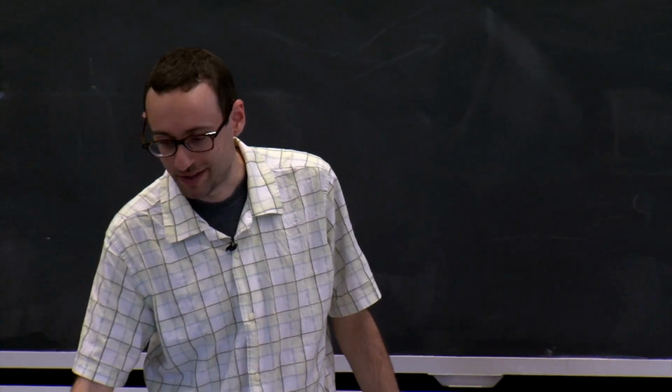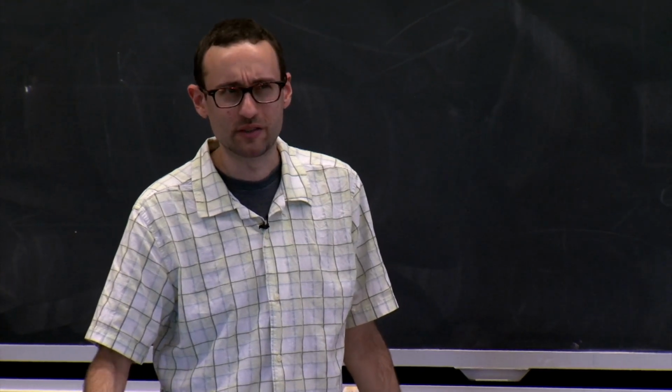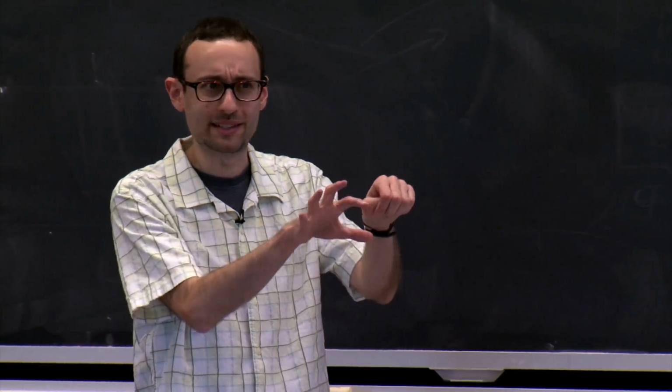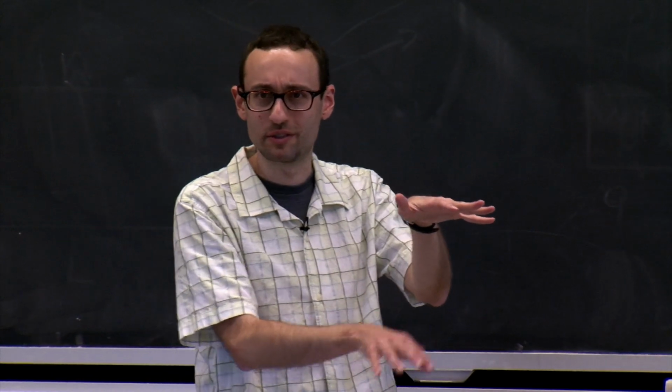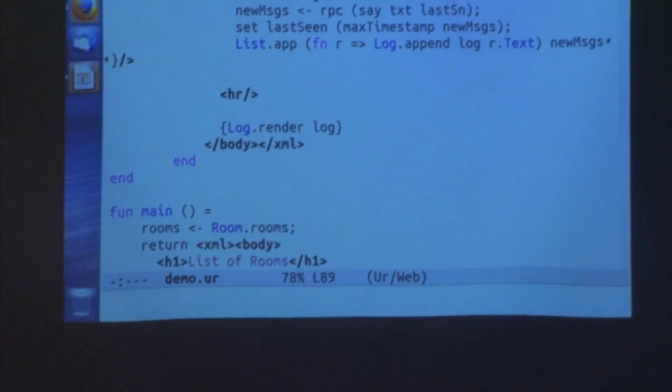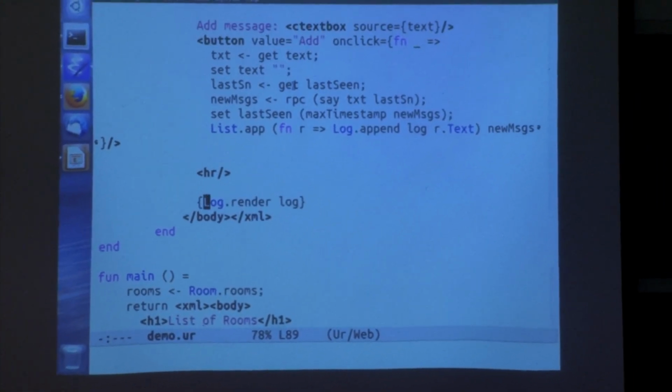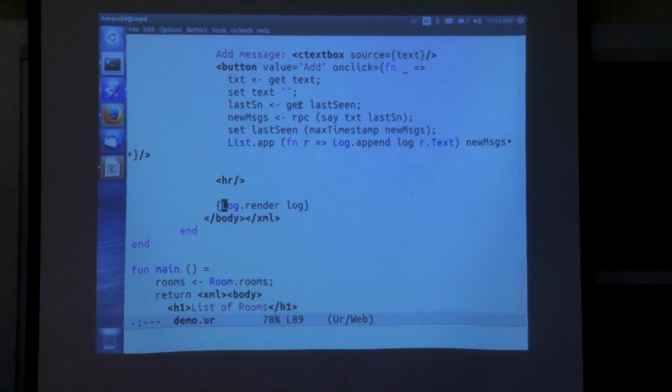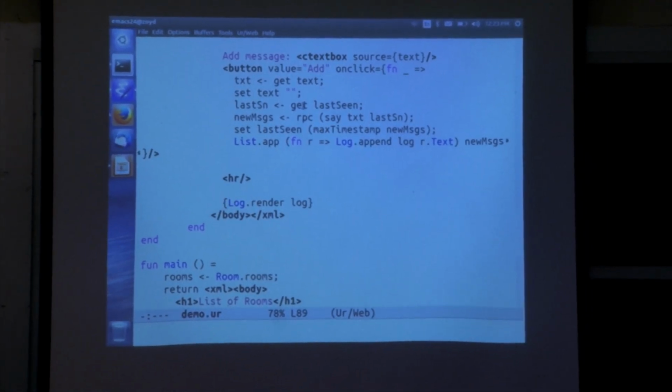But here's an example of calling a method of this abstraction of a portion of the page that displays a list of lines of text that you can add to but never delete from. And you can actually enforce that because we don't have the DOM here. It's not that any part of the code can reach into the document tree and mutate it and change the log and delete lines that were previously added. The more functional style here means you can have a GUI widget that owns a part of the page and controls exactly what's shown there, and bugs in other code can't interfere with computing what shows up there.